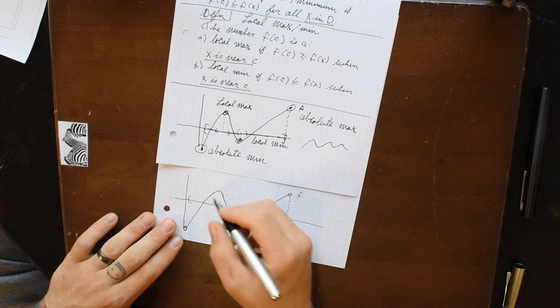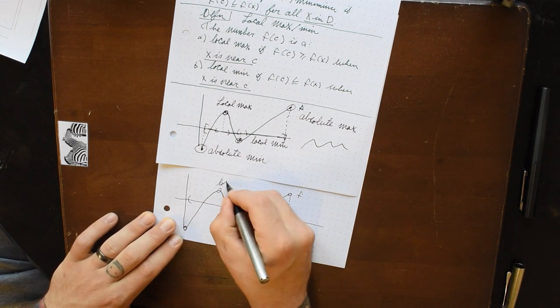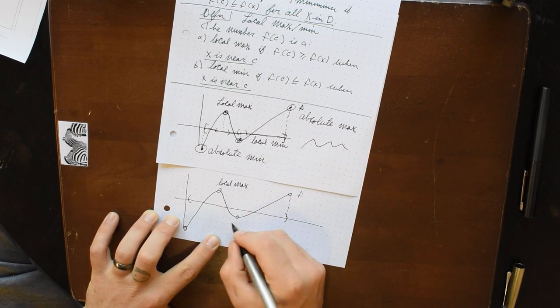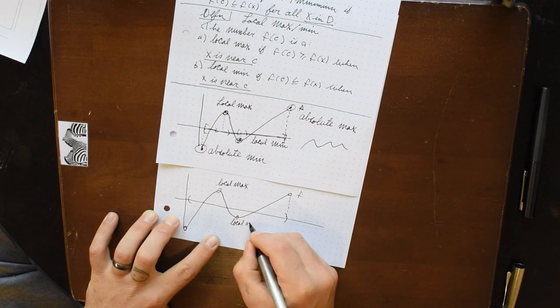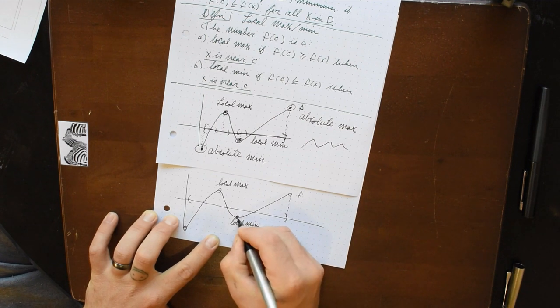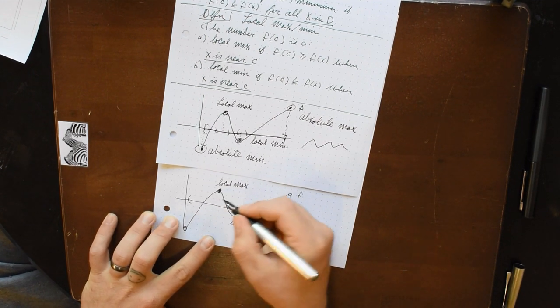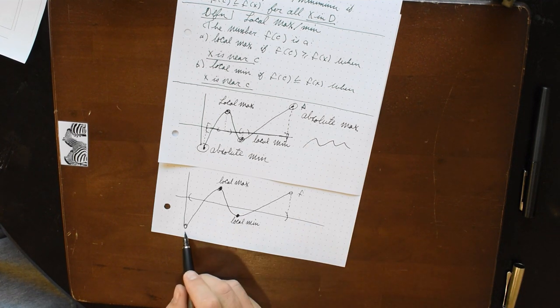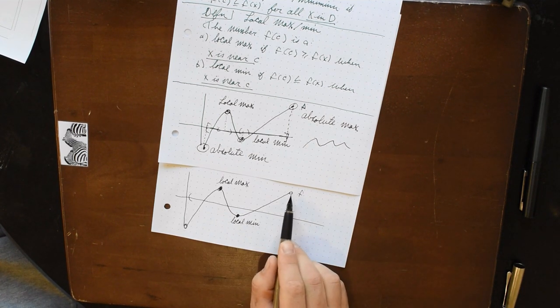Now, all we have is a local max, and we have a local min. And I'll make those dots. But now in this problem, there is no global minimum and there is no global maximum.